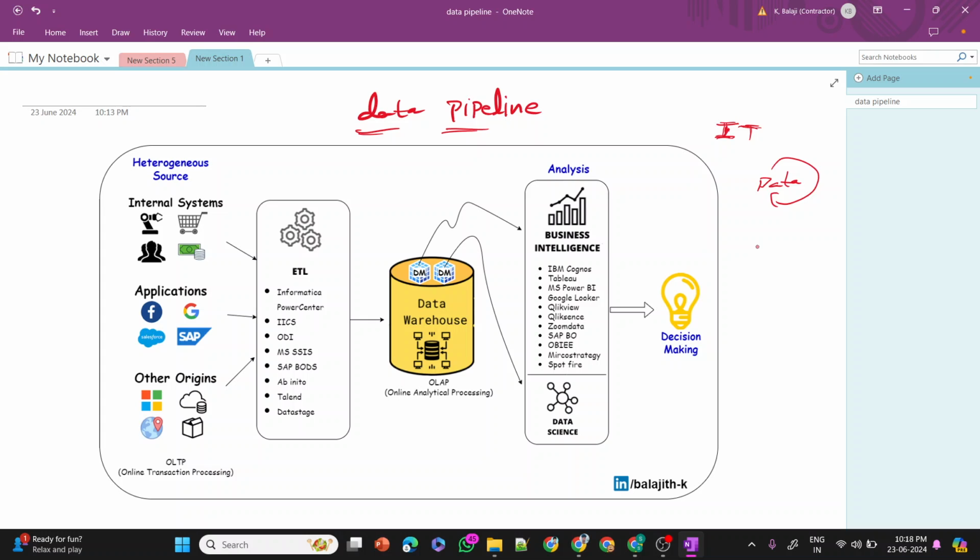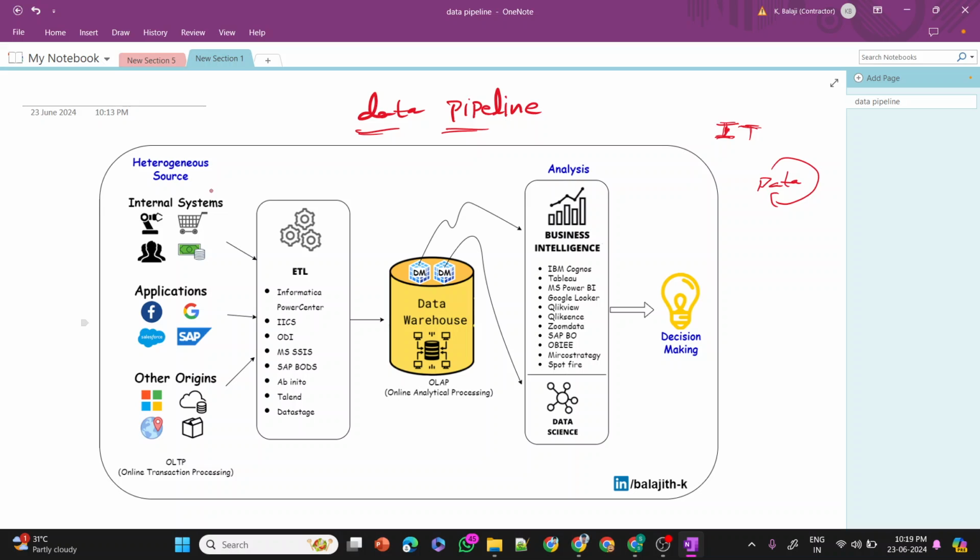So how do they take the step? They need to analyze data first. Depending upon the analysis, they will take a step to increase the company's revenue. To analyze data and make decisions, they first collect the data from the customer.